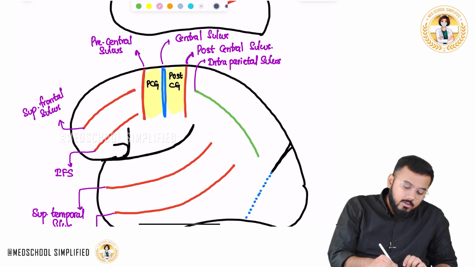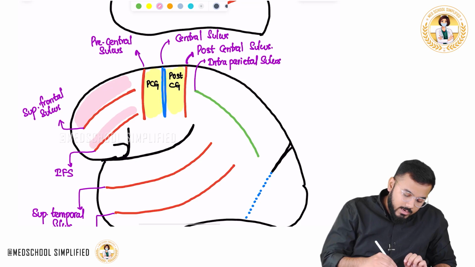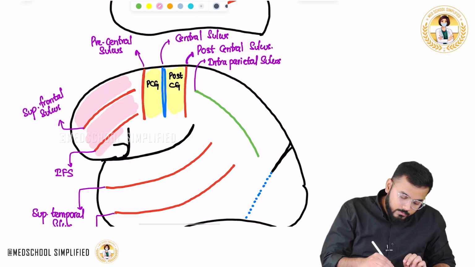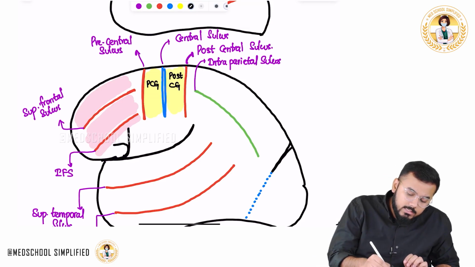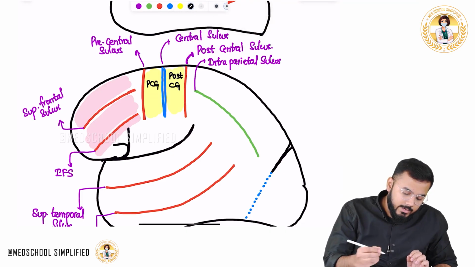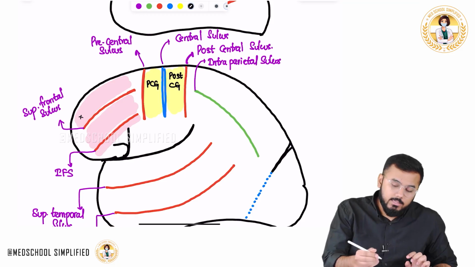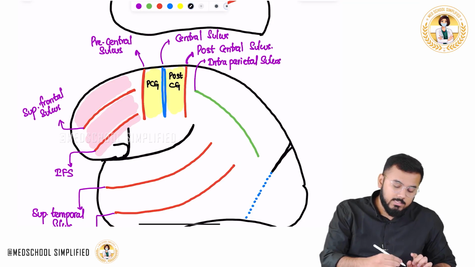Now after that we have a few important gyri over here. This is one gyrus over here. Next we have another gyrus over here in the second part, and we have another gyrus over here also, like this. So what are these gyri? First, this gyrus, see this mark which I have done here, is located above the superior frontal sulcus.